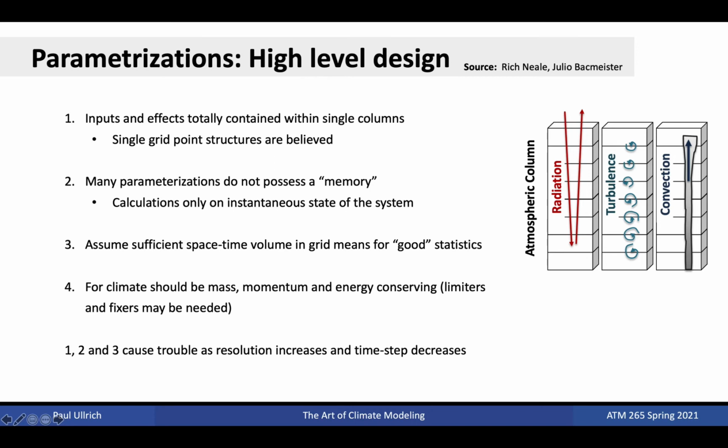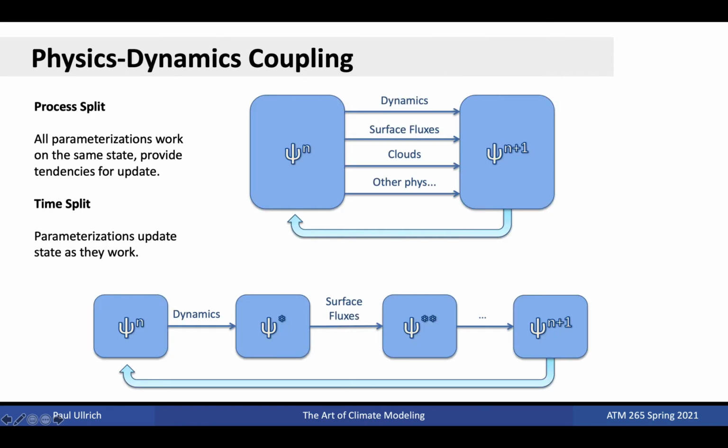Note that as resolution increases and grid spacing becomes smaller, these assumptions underlying 1, 2, and 3 here may no longer hold. 3D physical effects may become relevant. Parameterized processes may not complete within one dynamics time step, and sufficient statistics may not be available within one grid cell. We also have different choices when it comes to how different physical parameterizations are allowed to impact the state of the system.